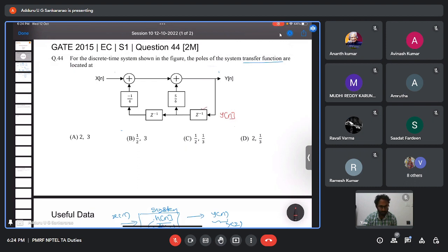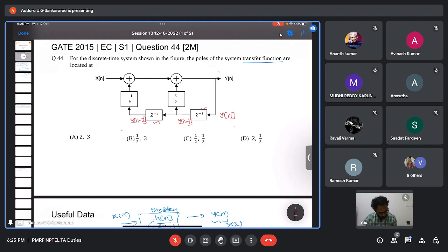What is the output of the z inverse block? The y of n is delayed by 1 unit of time, so y of n minus 1. Now this y of n minus 1 is passing through the second z inverse block, so it is delayed by another unit and becomes y of n minus 2.